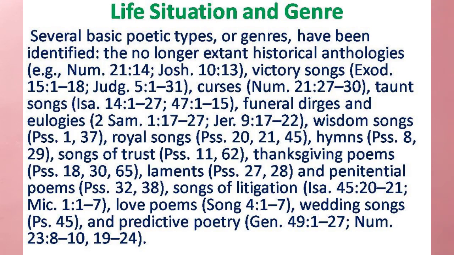Victory songs: Exodus chapter 15, Judges chapter 5. And curses we can identify as another genre, or categorize as another type in Hebrew poetry. Numbers chapter 21 is an example of that.